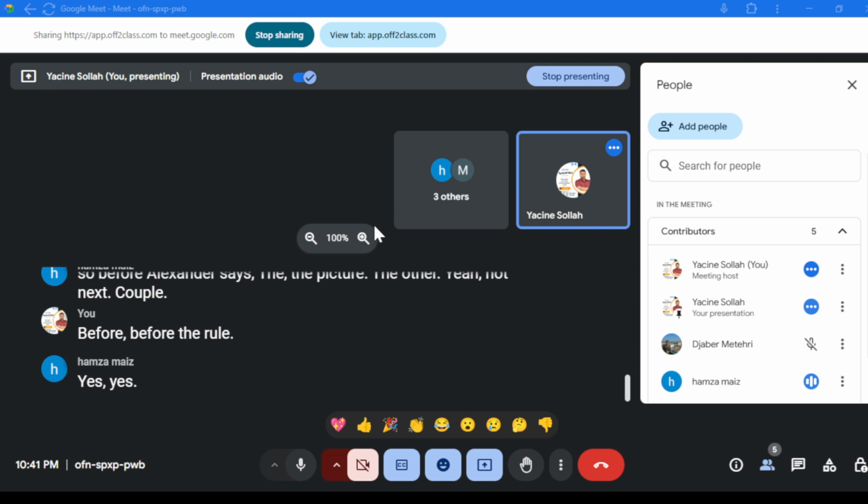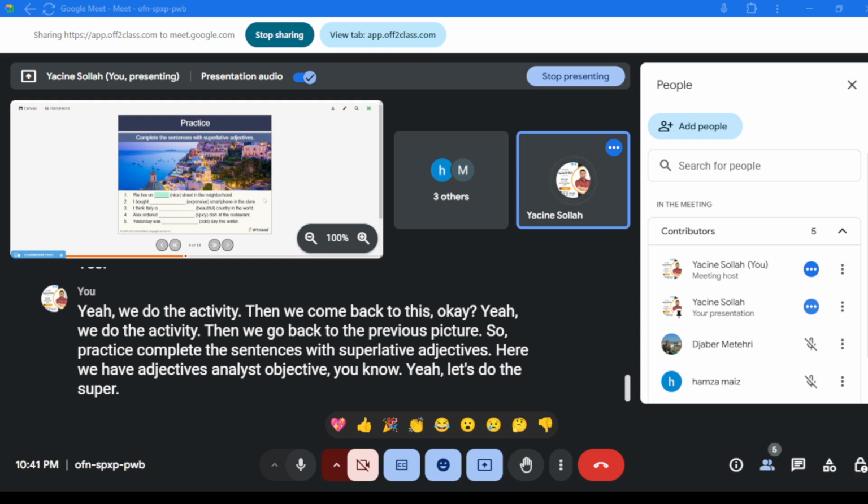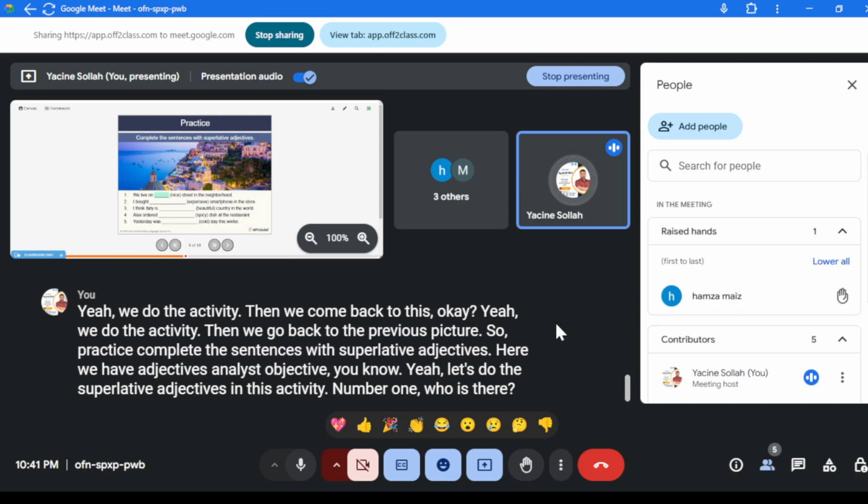So practice. Complete the sentences with superlative adjectives. Here we have the adjectives. Let's do the superlative adjectives in this activity. Number 1, who is there? Okay, Mr. Hamza, go ahead.